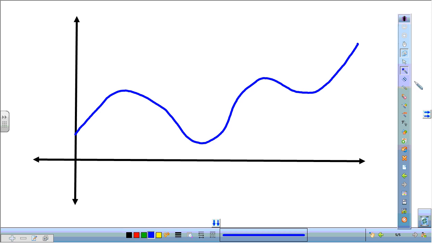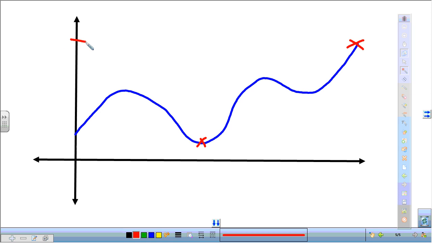If we look at the entire picture drawn, and assuming that there aren't any restrictions which keep us local, then in this entire picture we see that there's a very highest point and a very lowest point.